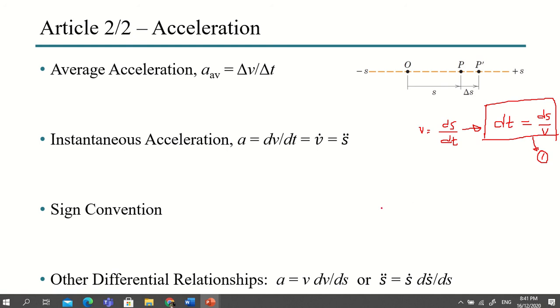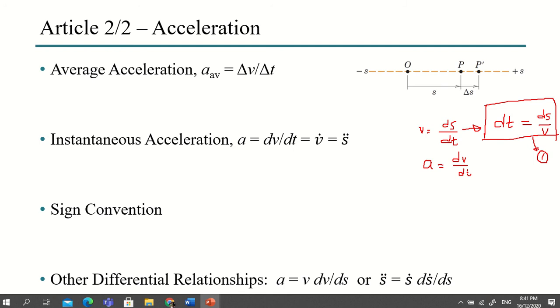And we also have a. We know that a is just the derivative of v with respect to time.